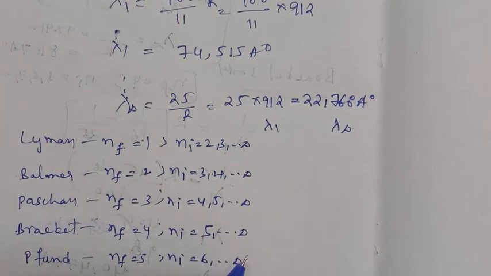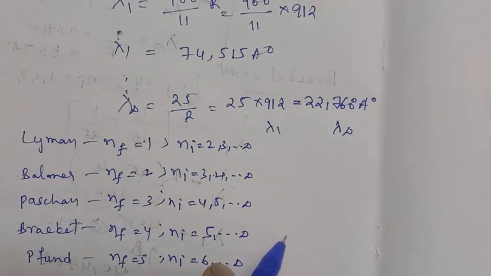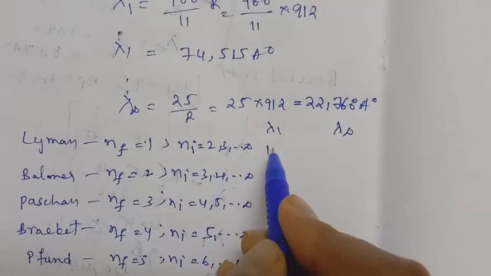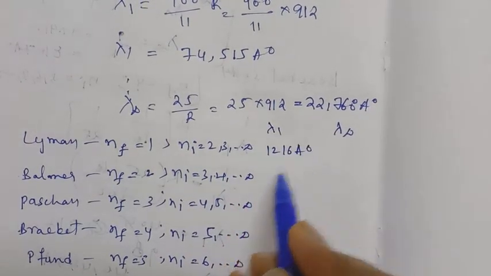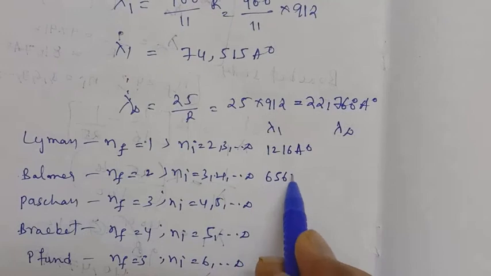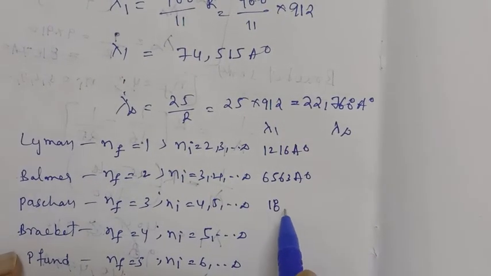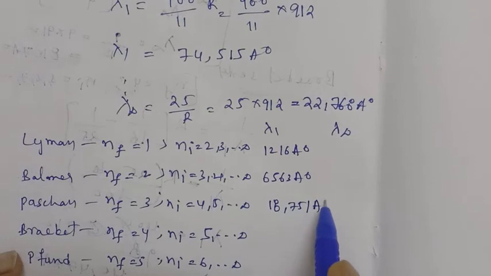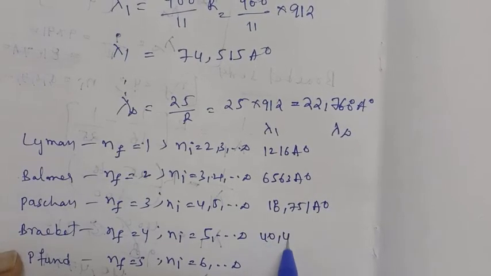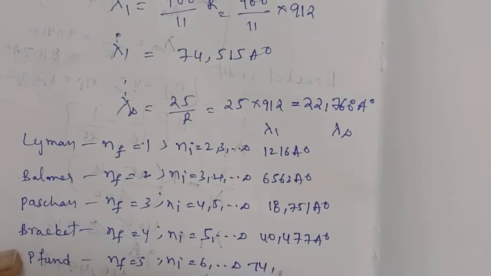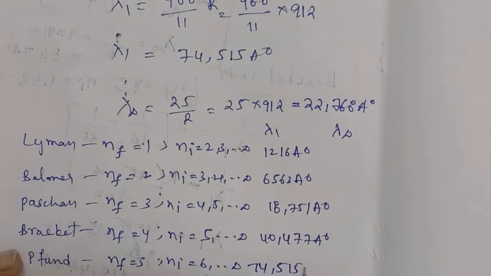So lambda 1 is equal to here 1216 angstroms. Here lambda 1 is equal to 6563 angstroms. Here 18,751 angstroms. Here 40,477 angstroms. Here 74,515 angstroms.